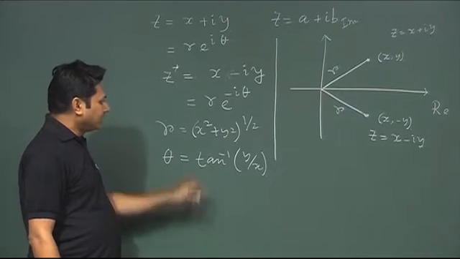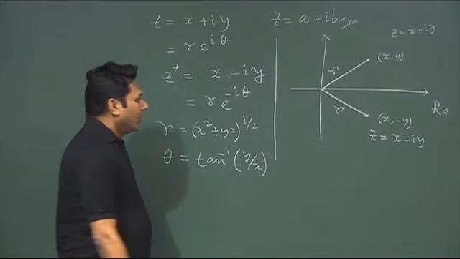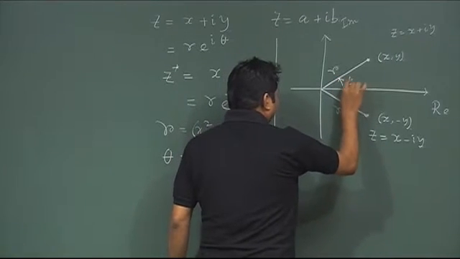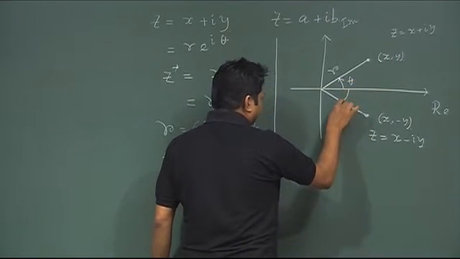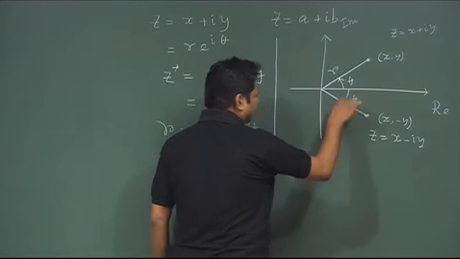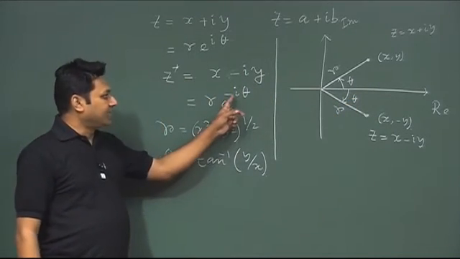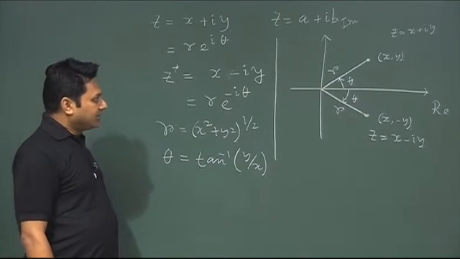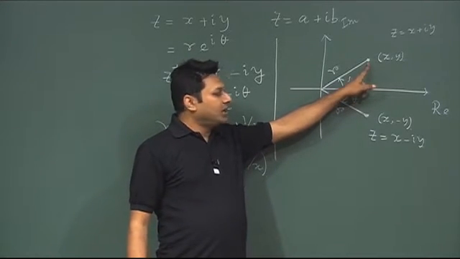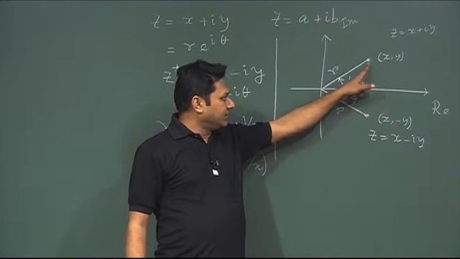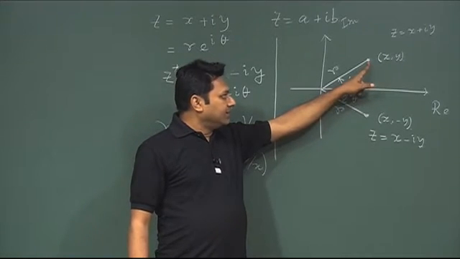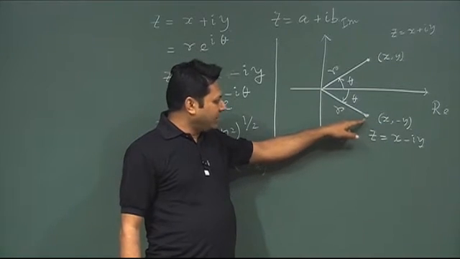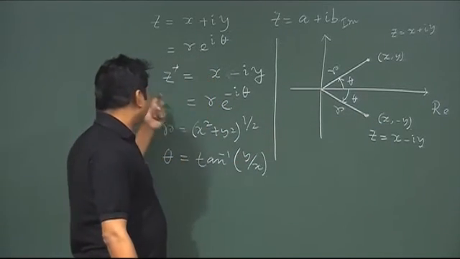When I make a z star, this real part should not change, the only thing is the angle. If we measure the angle theta in this direction for z, I need to measure theta in the opposite direction, and that is why the negative sign will appear here. So this point in polar and Cartesian coordinates, if it is here, then I will have a point here which is the mirror image of that point, and that is nothing but z star.